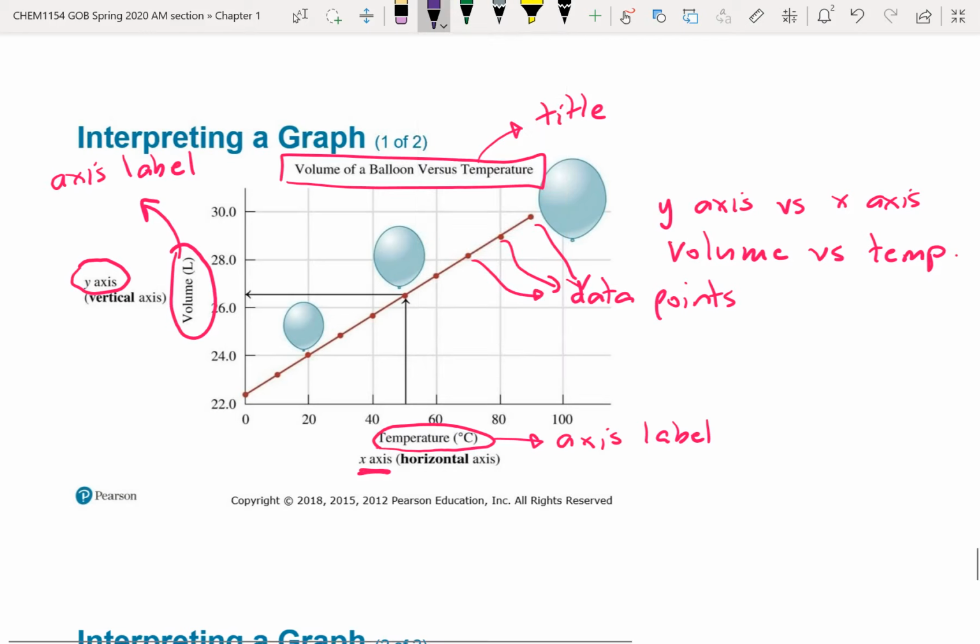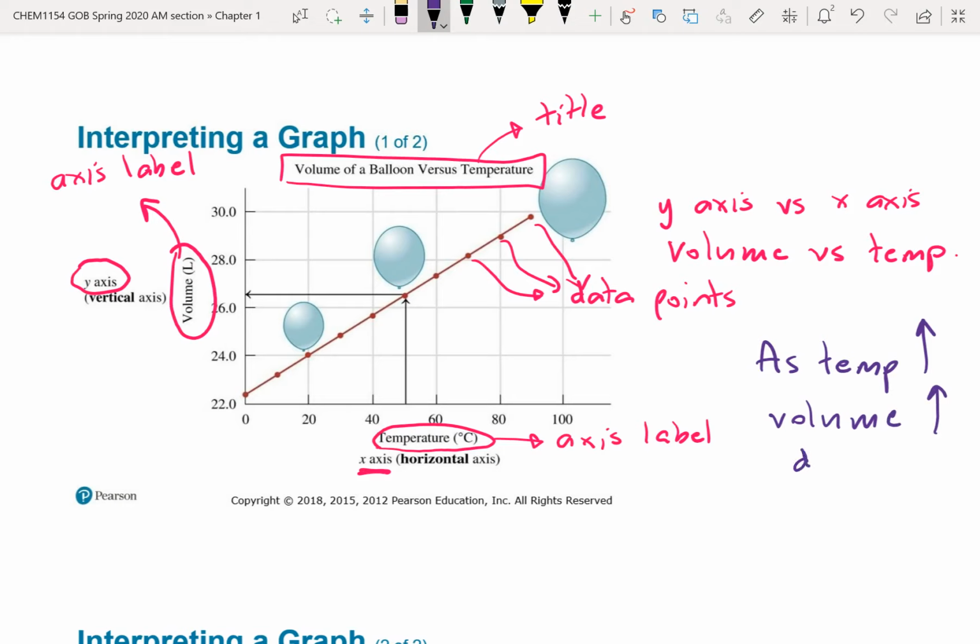So we can say as temperature increases, right? So if we go from 20, let's say, to whatever this is, 50, the volume goes from 24 all the way up to around 26 and a half, right? So the volume goes up as well. So as temperature goes up, the volume goes up.